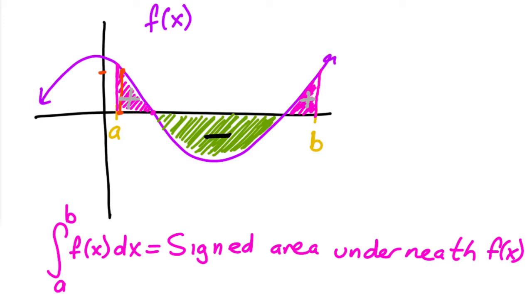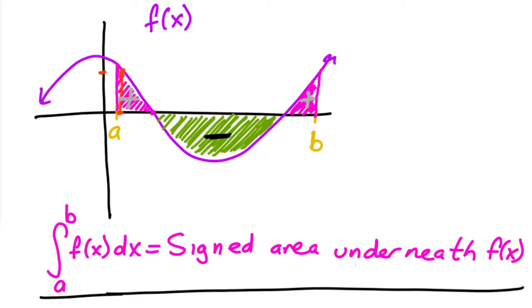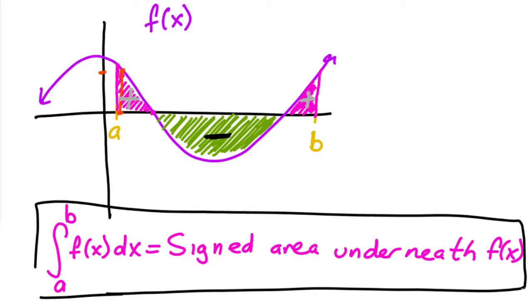If we use that definition for the integral, we're going to do a couple of examples of how to use this definition graphically. And then with the fundamental theorem of calculus, we're going to connect all of the dots, and that's going to be great.